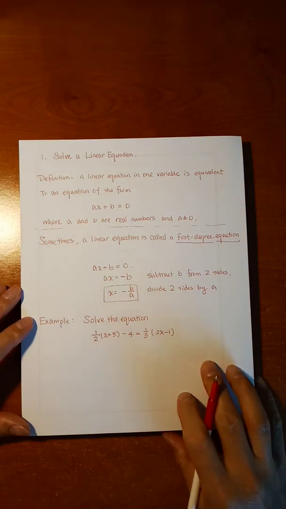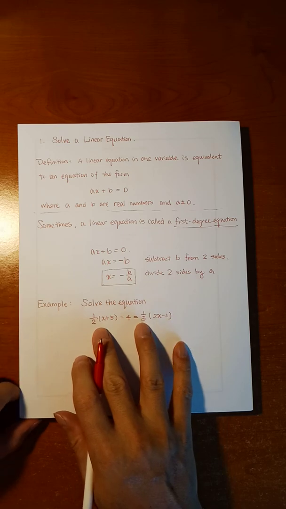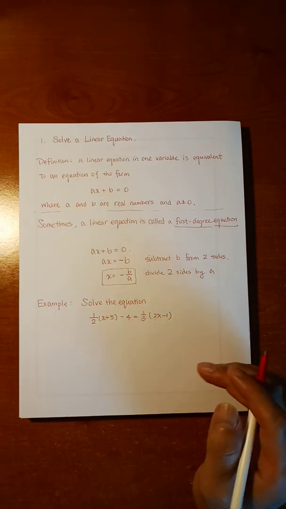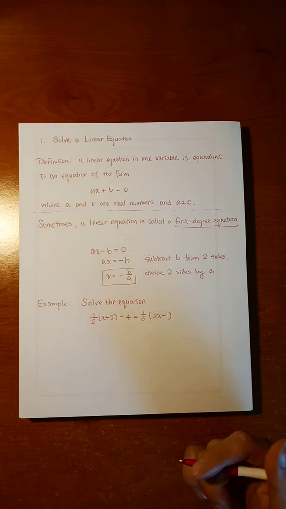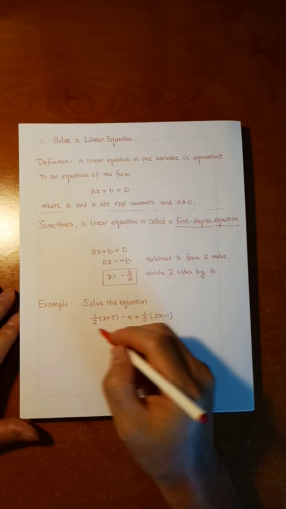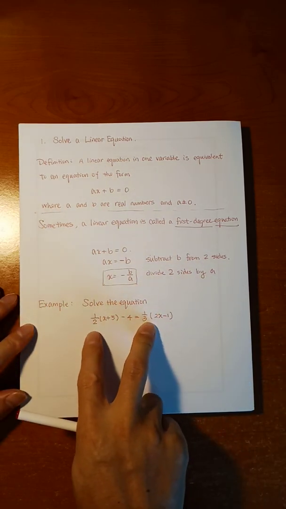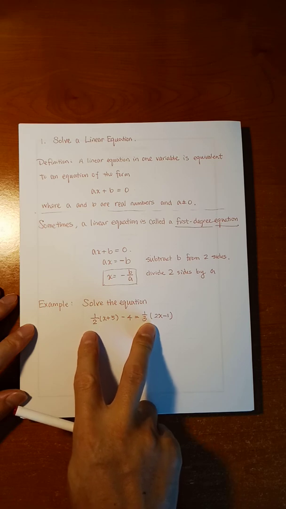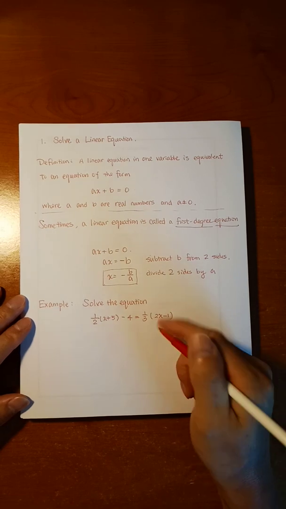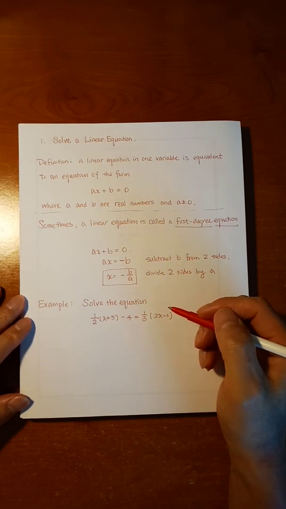Okay, so on two sides of the equation, you have fractions. Fractions are not as simple as the integers. So when you have fractions, we're going to multiply this equation by 6. 6 is the least common multiple of 2 and 3. We multiply two sides by 6 in order to simplify the fractions to integers.